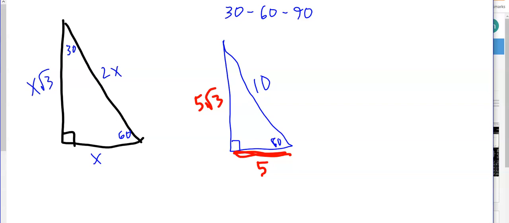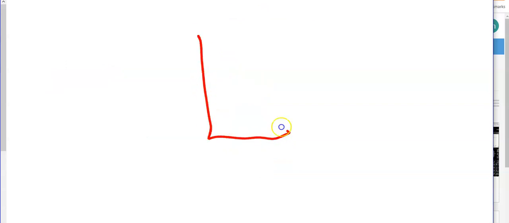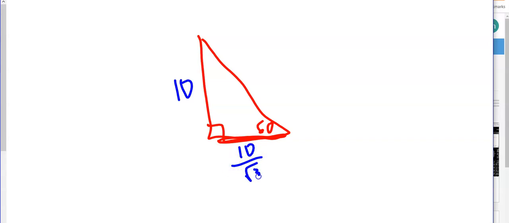Let's try a really tough one here. So if we had, say the 60, it's hard to say, but that's the short leg there. Okay, so let's say this is 10. The long leg is 10. To go backwards, to the short leg, you would go 10 divided by root 3, which again, you have to simplify.